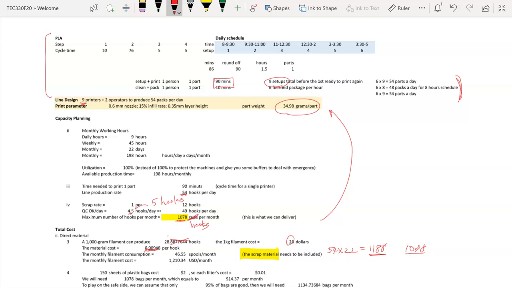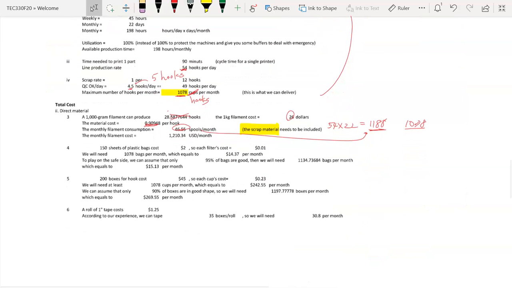Because 1 out of 12 is scrap, the amount over here is used to produce this amount, and that's how much it costs. Similarly, assuming we are using a plastic bag to put the parts in first before putting them into the box, you have the cost over here based on your production rate, and of course the scrap rate as well.